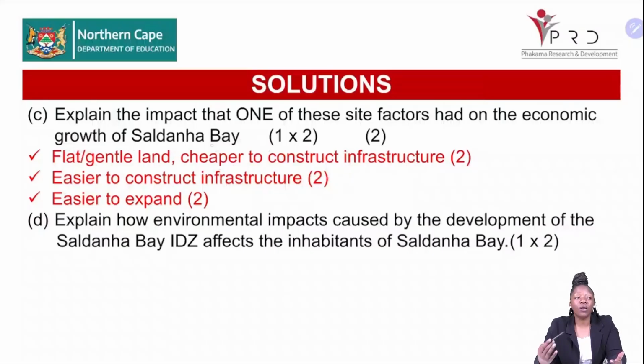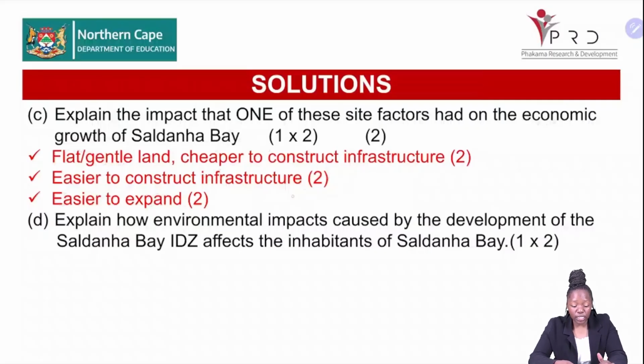More money, they will be able to save it because we are looking at the impact on the economy. It is easier to construct the infrastructure, or one can say it will be easier to expand. So therefore, they will use less money and they will be able to save the rest.